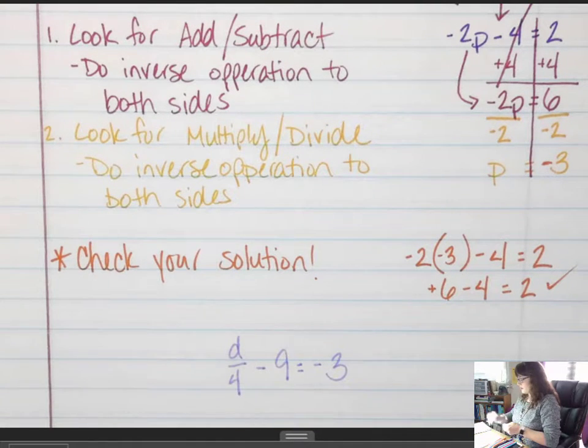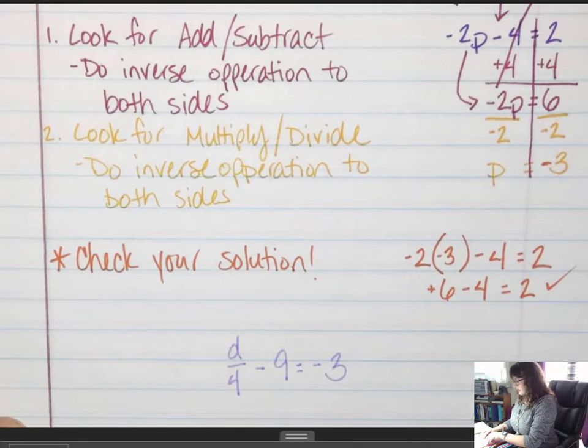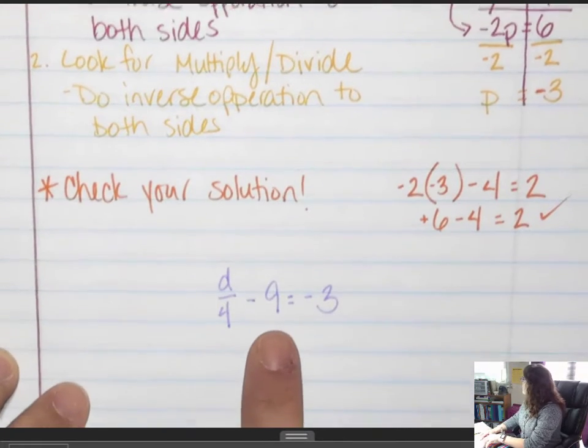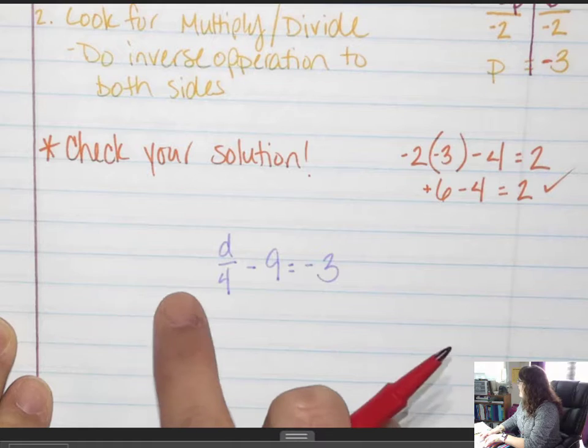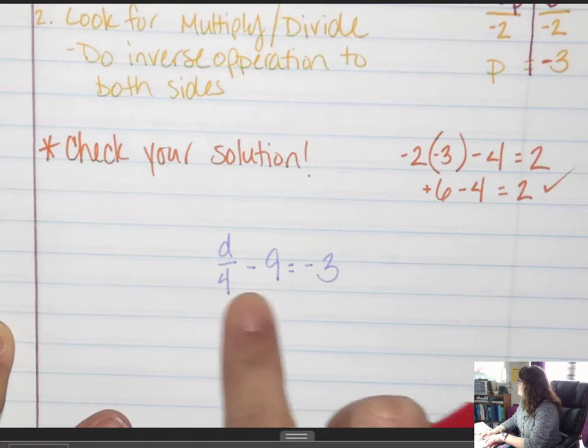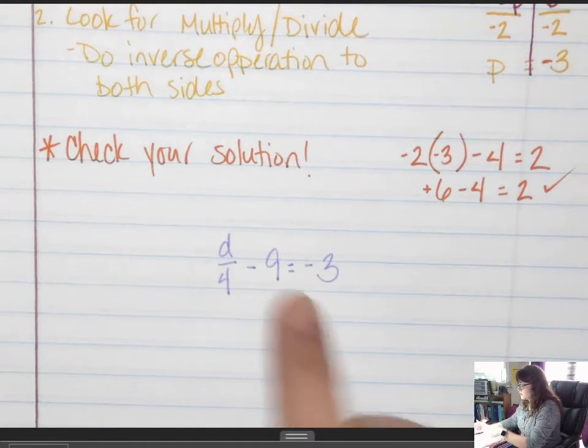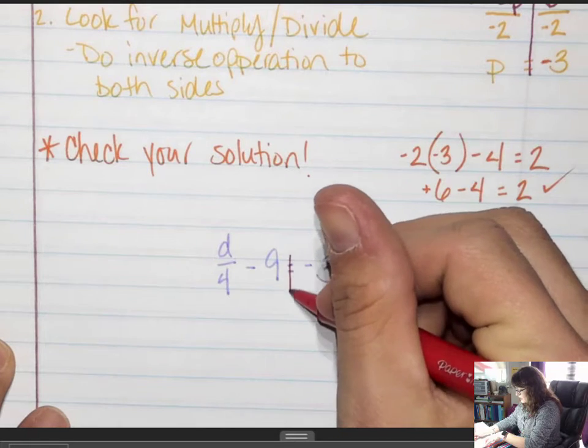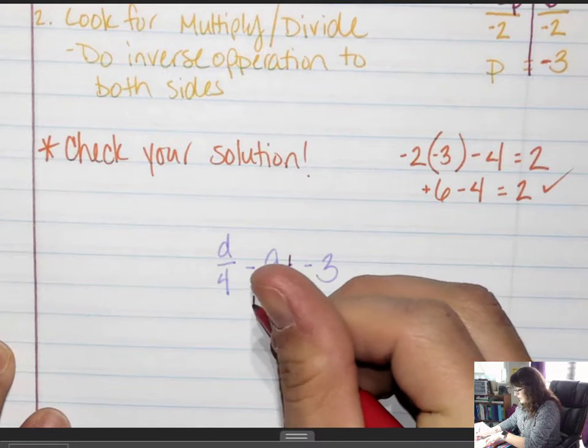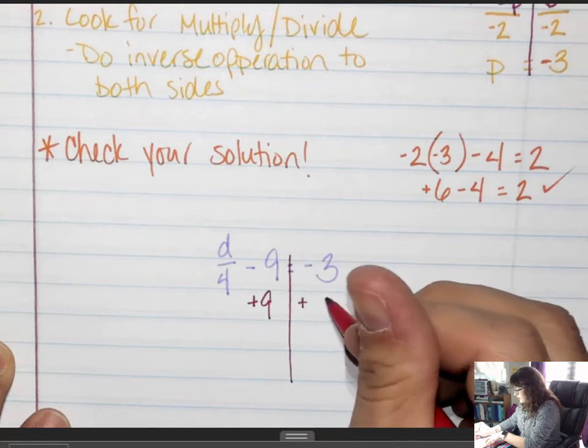Following my steps, what's the first thing I need to do? Look for addition and subtraction. What is being added or subtracted here? 9, and it's being subtracted. What's the opposite of subtracting 9? So I'm going to add 9 to both sides.